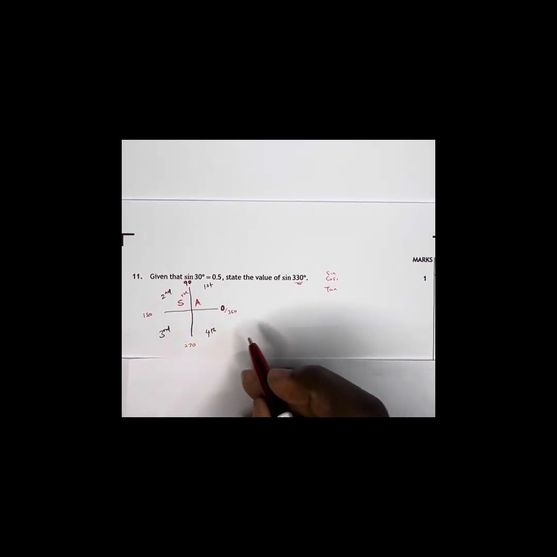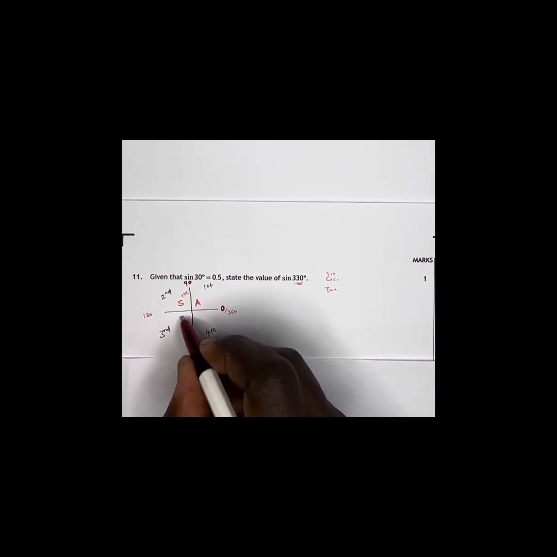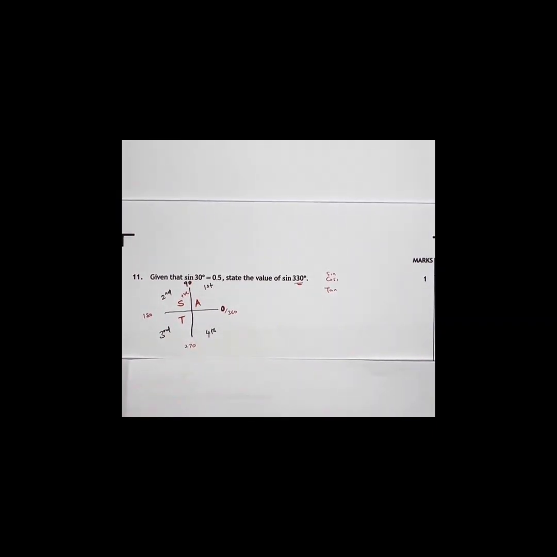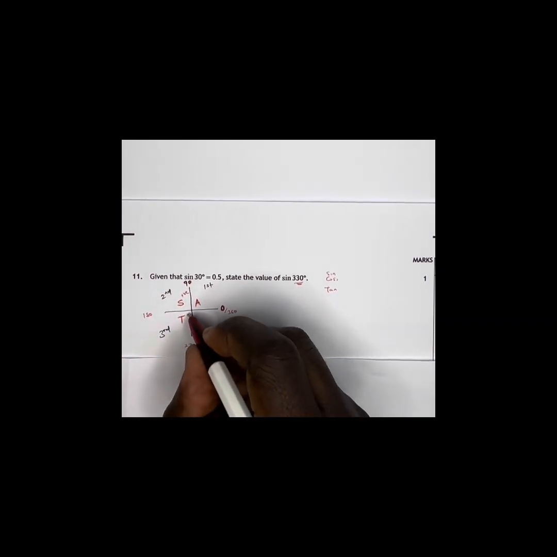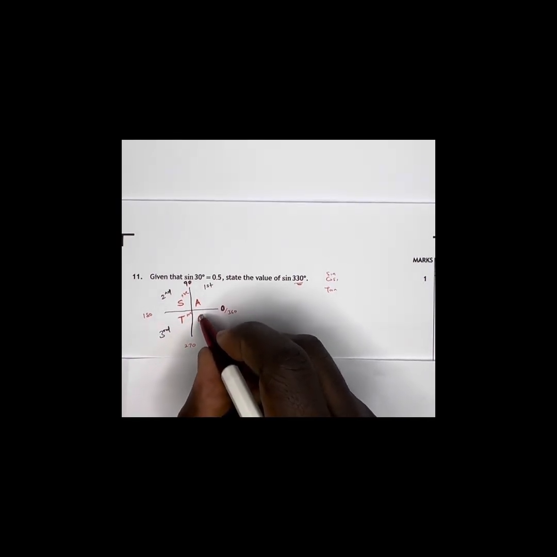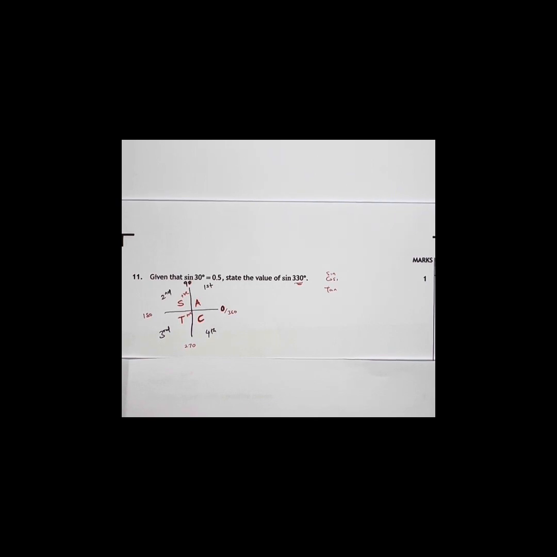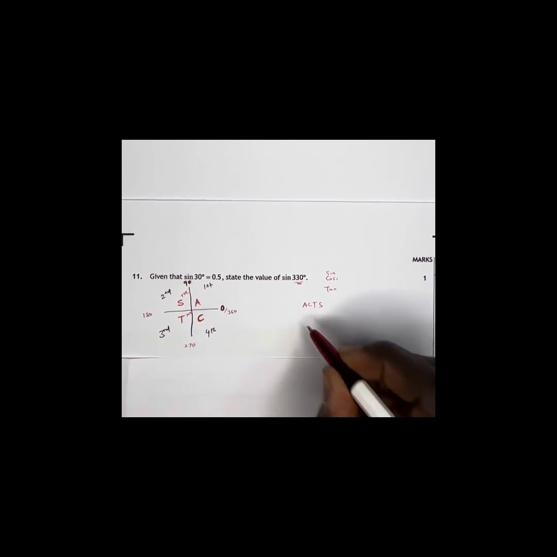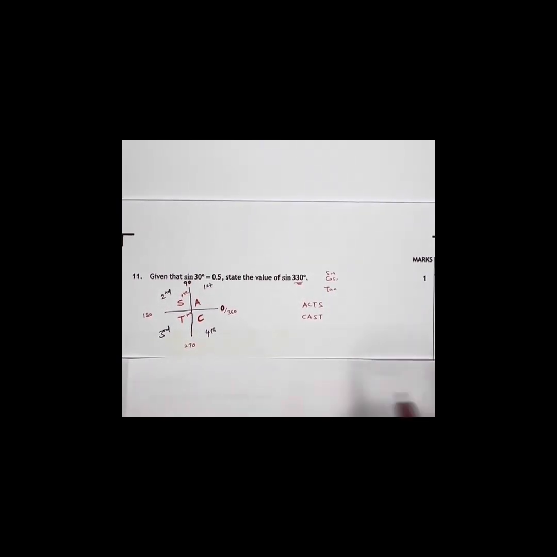In the third quadrant, I have T, which means only tan is positive, and cosine and sine are negative. In the fourth quadrant, only cosine is positive. Some call it CAST, C-A-S-T, some use ADDS, so whichever way helps you memorize it easily, just go ahead and choose.